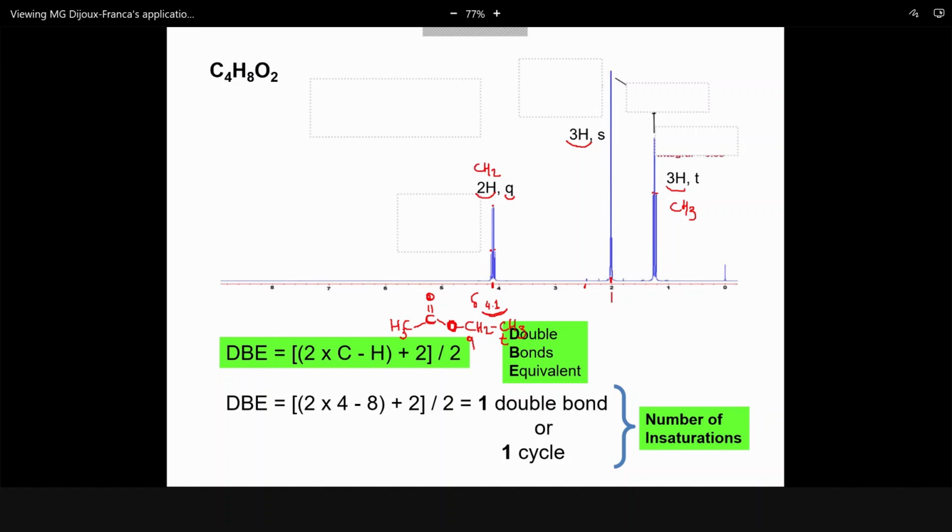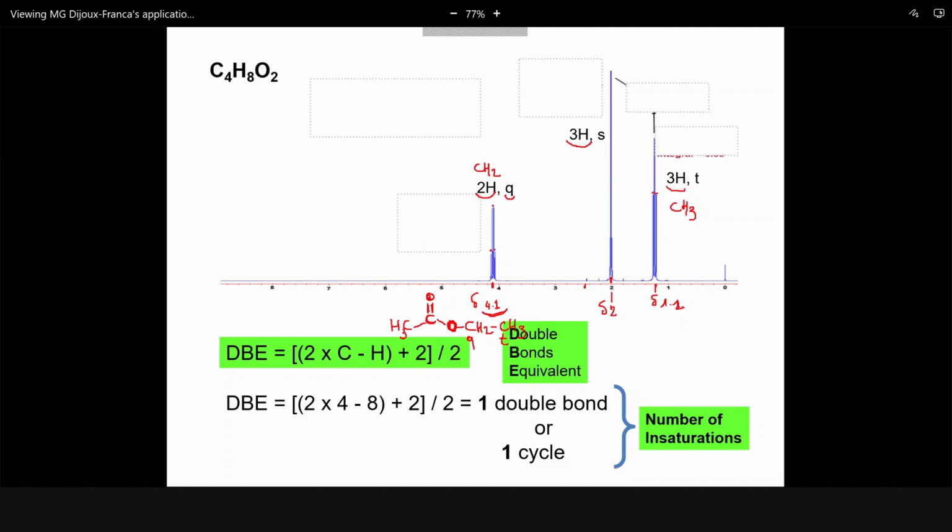Yes, because it's closely related to the C double bond O, so the chemical shift is a little bit higher than a classical methyl group. That's why it's around 2 ppm, and the other one is only at 1.5, 1, 2.